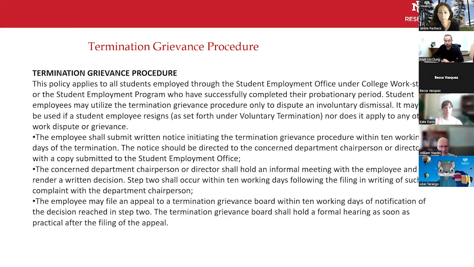The concerned department chairperson or director shall hold an informal meeting with the employee and render a written decision. Step 2 will occur within 10 working days following the filing of such a complaint in writing with the department chairperson. And also the employee may file an appeal to a termination grievance board within 10 working days of notification of the decision reached in step 2.